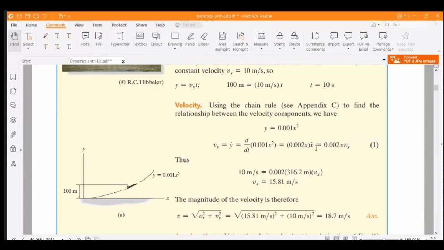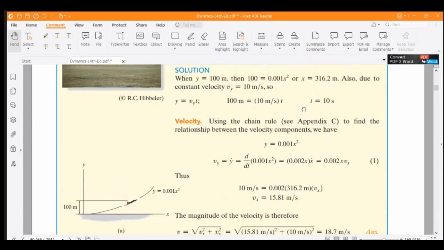Okay, vx. So then 10 meters per second, because we started from vy, you remember, and vy is given as 10 meters per second. So 10 meters per second is equal to 0.002 multiplied by x dot. So what is the x dot? We have calculated it here.